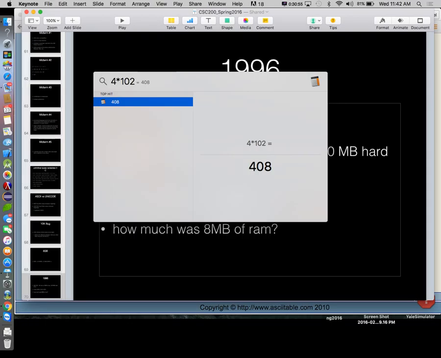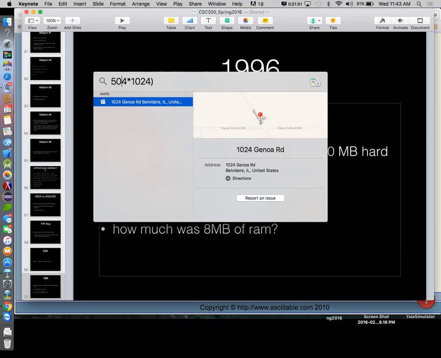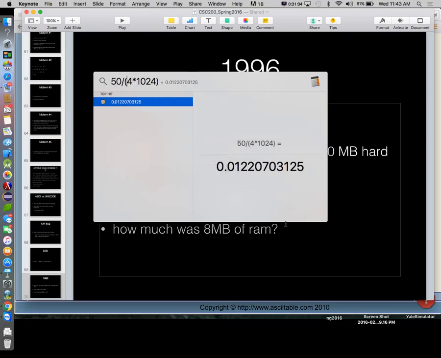That's about a penny per megabyte. So by today's math, roughly speaking, 8 megabytes of memory should cost me less than a dime. Somewhere between a dime and a nickel, right?